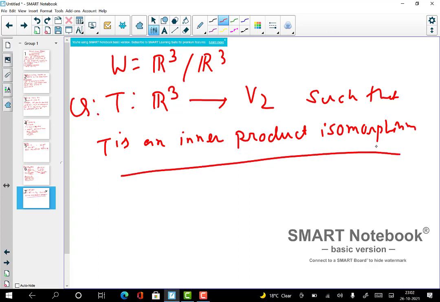Okay, so this is another question to ask. Obviously, one can first ask what the inner product is inside V2.